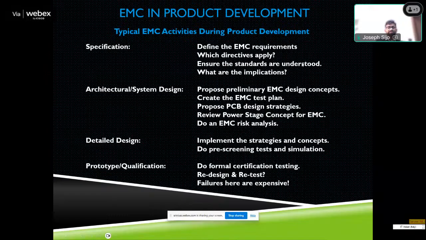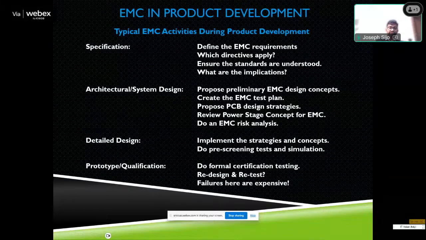In the specification phase, we need to check whether EMC is required for this product. That is the first thing to check, and also which directive or compliance regulation we need to obey. So ensure the standards, and understand where we are using this device, the country codes, and what we are implementing in the architectural design, and the preliminary EMC design concept.